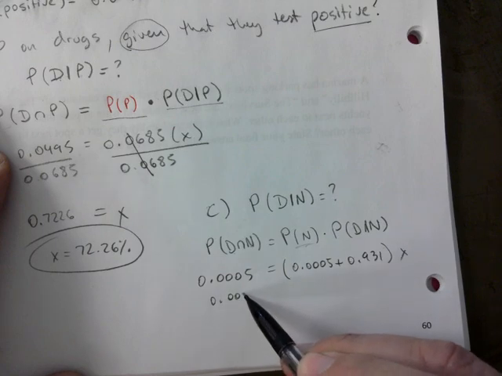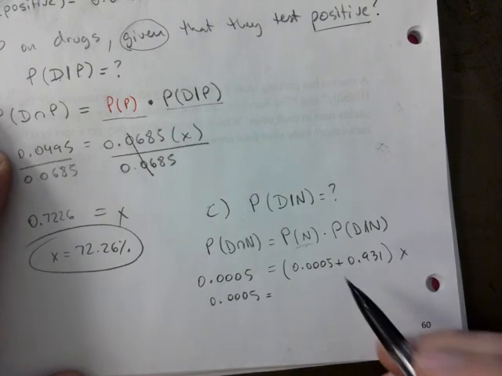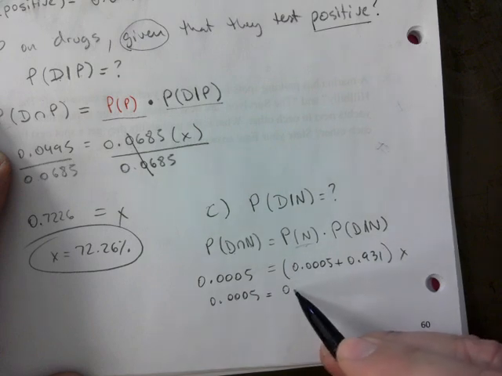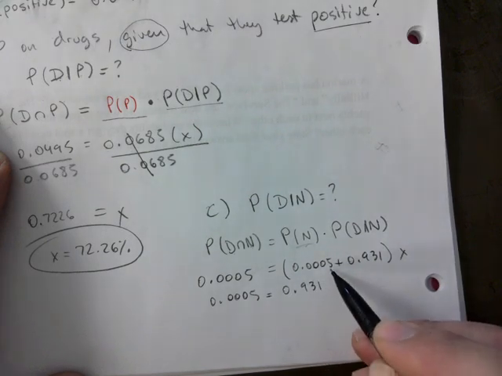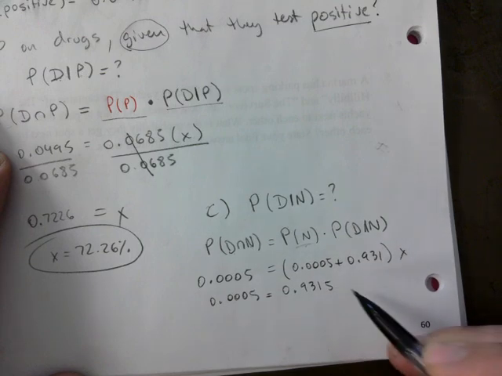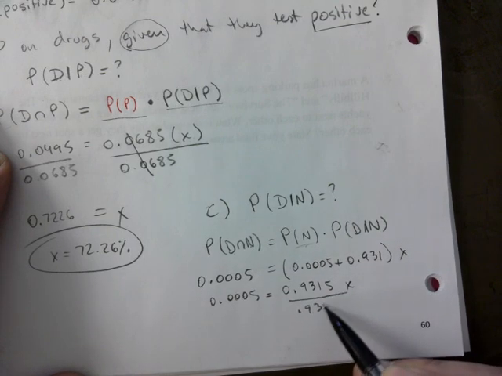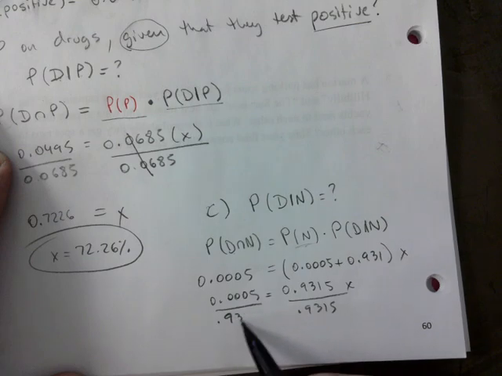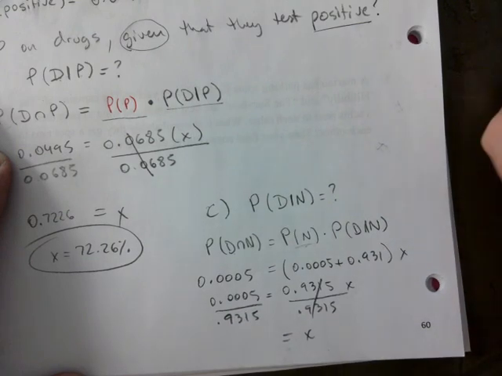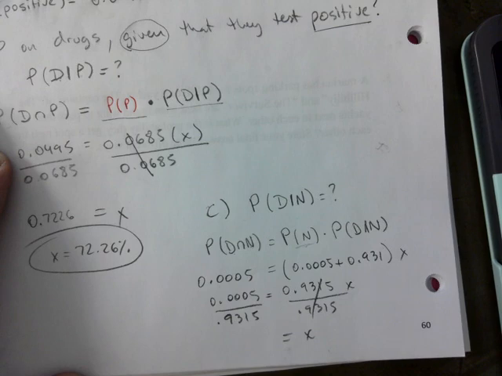And so let's just clean that up. That would be 0.931. That's the 4th decimal 5, right? X. So we just divide both sides by that. And I need to figure that out. That's actually a very small number, and it's actually 0.003054.